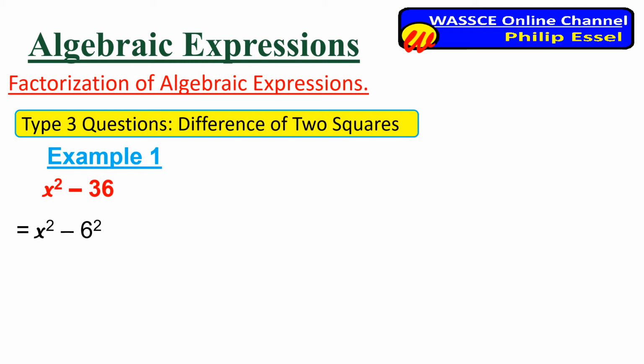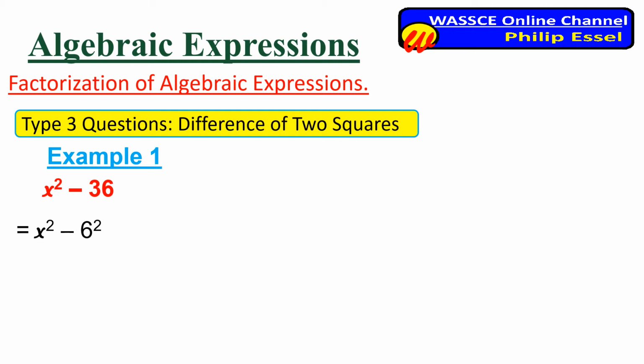At this point, we have the difference of two perfect squares, or two squares. Now, let's apply the rule of difference of two squares factorization here. So first, the first item for this expression is x, and the second item is the number 6.